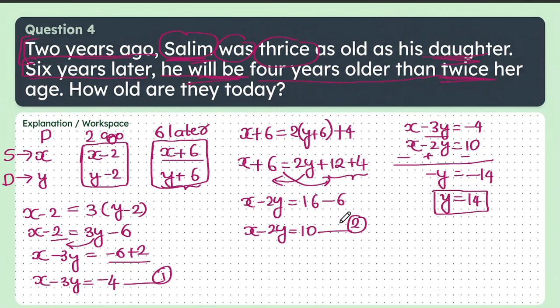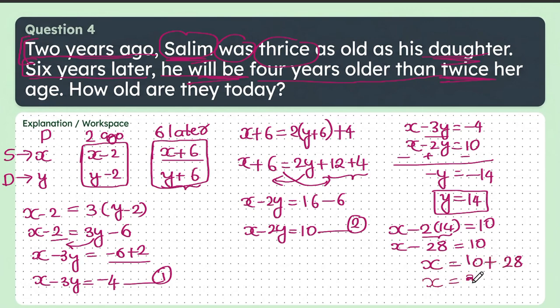So let's put in the equation number 2. So equation number 2 is x minus 2 times y. So y is 14, is equal to 10. So x minus 14 into 2, which is 28, is equal to 10. So if we take this minus 28 that side, we'll get x is equal to 10 plus 28.